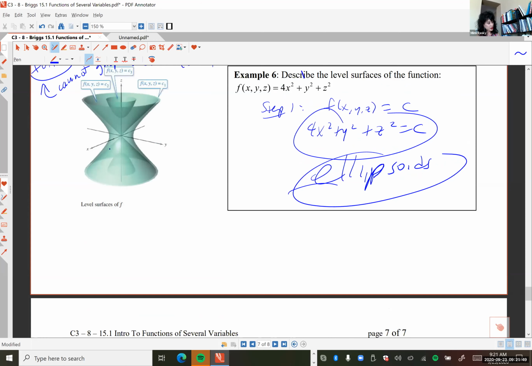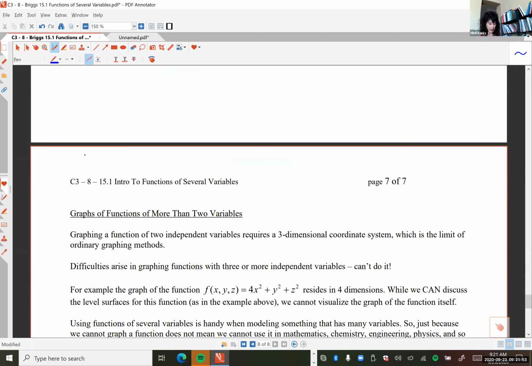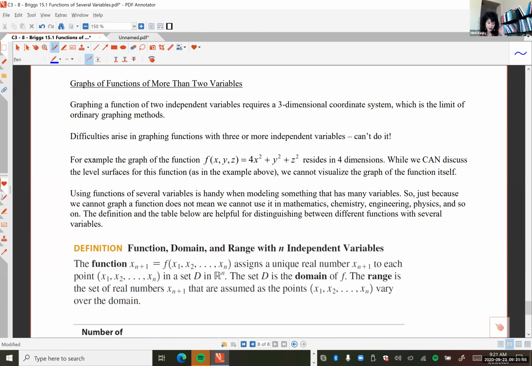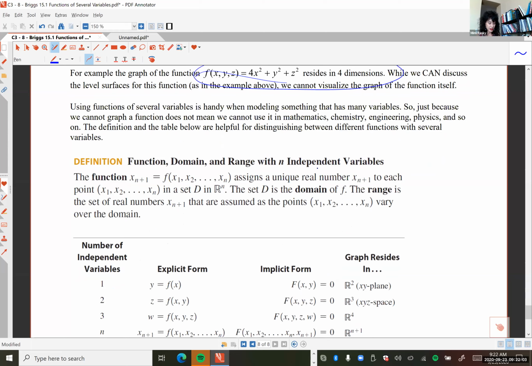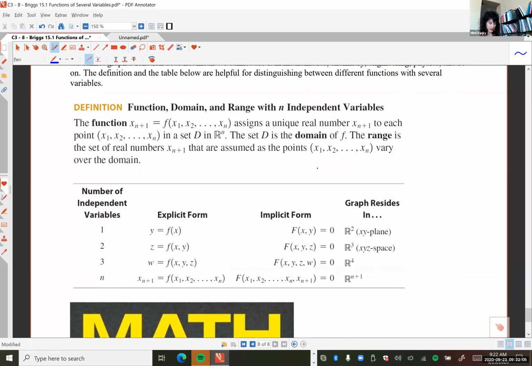Okay, we'll get more into being able to visualize this, but I just want to say that n-dimensional space is kind of cool. And I'm just mentioning once again that this function, if you tried to graph it, it would be in 4 dimensions, but you can still talk about level surfaces. And here's sort of an idea of independent variables. So this is a nice definition.